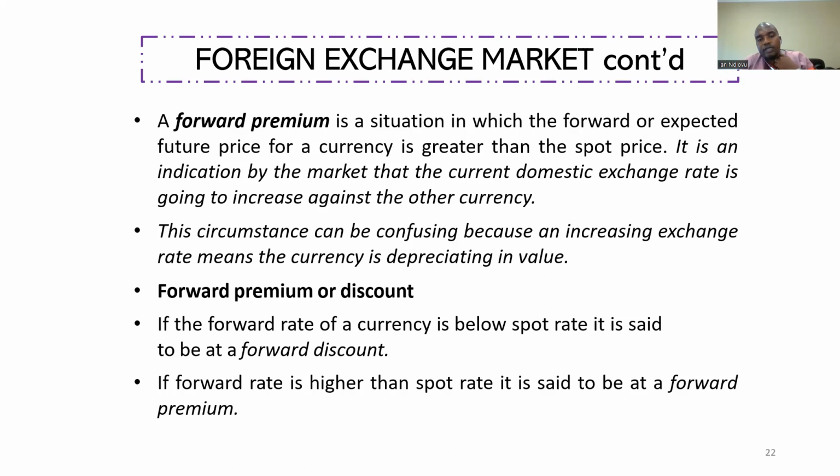Now, if the forward rate of a currency is below the spot rate, it is said to be at a forward discount. Let us assume the spot rate between the USD and the Rand is 1:15. That's the rate prevailing these days, 15 point something or 14 point something for 1 USD.